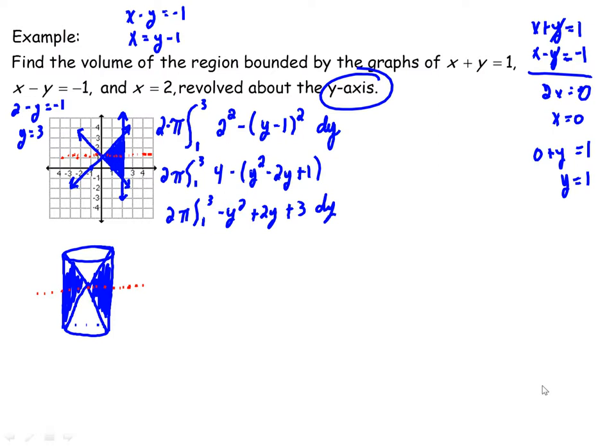You see what I did? You distribute the negative through, of course. You have negative y squared plus 2y minus 1. And then combine the 4 and the negative 1. That's where the 3 comes from. It's just algebra.